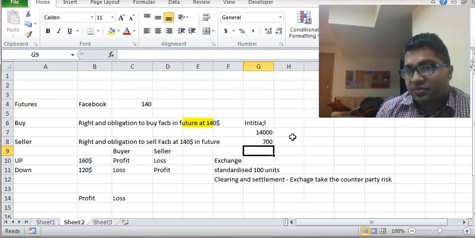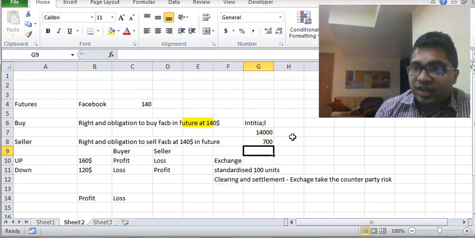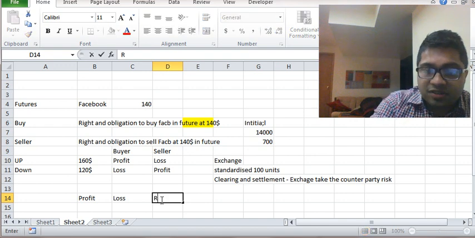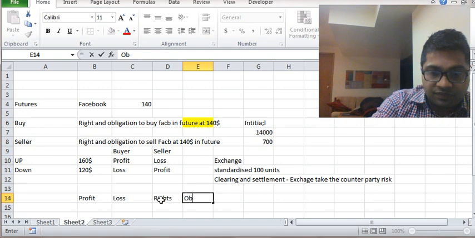So you can trade by putting in just $700 stocks that are worth $14,000. So profit and loss are magnified and they can be big. You can lose all your money plus extra money, and you can make a lot of money also when you trade in futures. And this double-edged sword happens because there are rights as well as obligations.